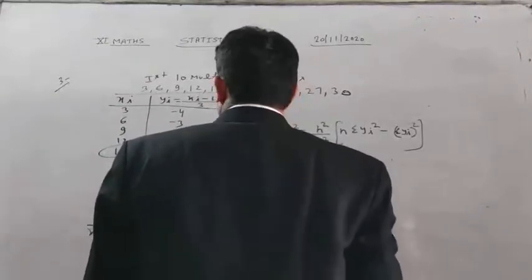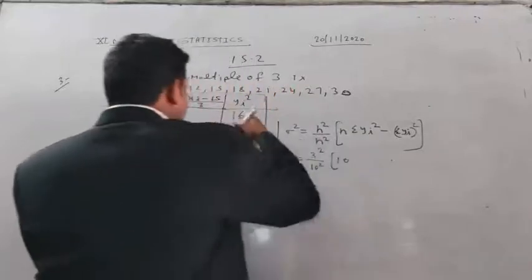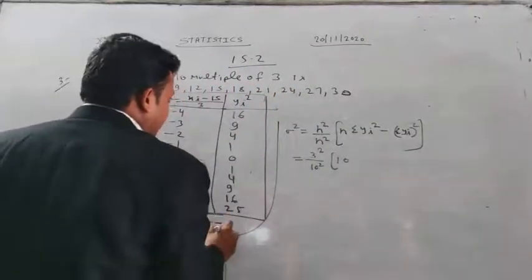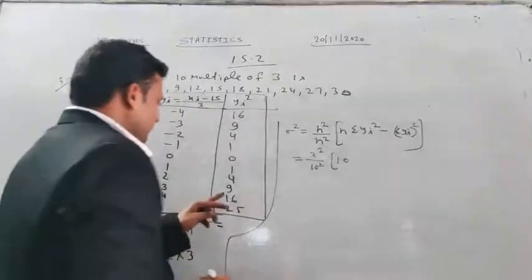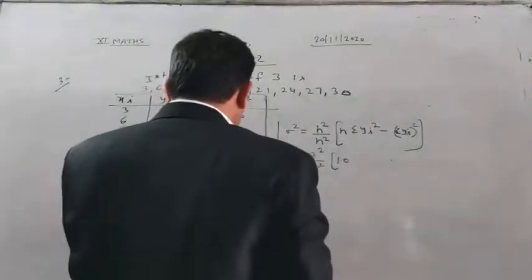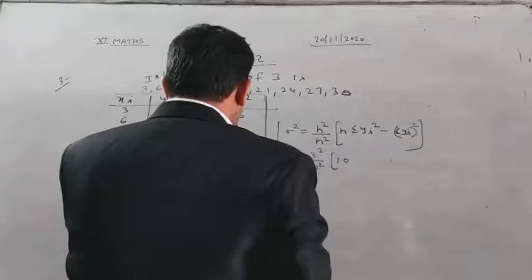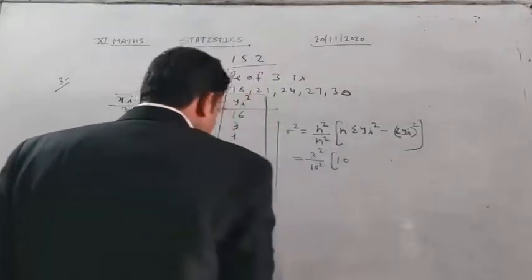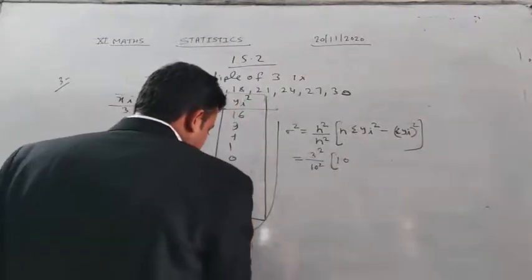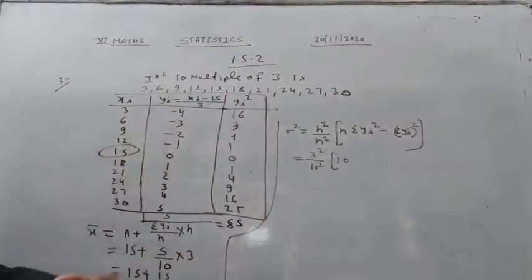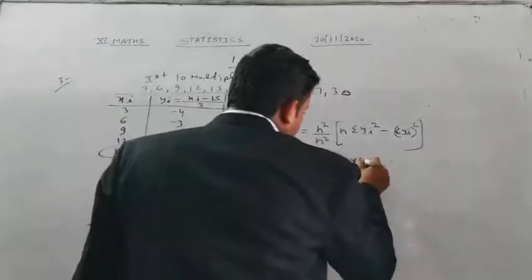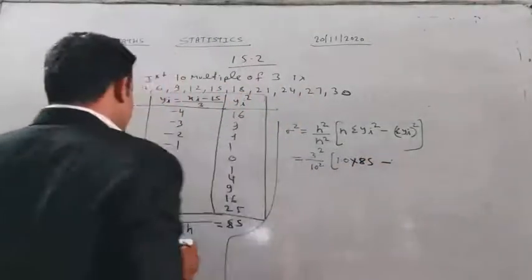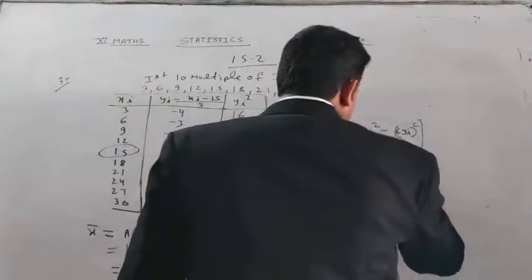And summation yi square, now we will add these terms. Adding them we get 16, 25 and 5, 30. So this is 30, this is 30, 60 and 60, 120, 80 more. What we are getting here is 85. So this is 85, and summation yi is 5 square.